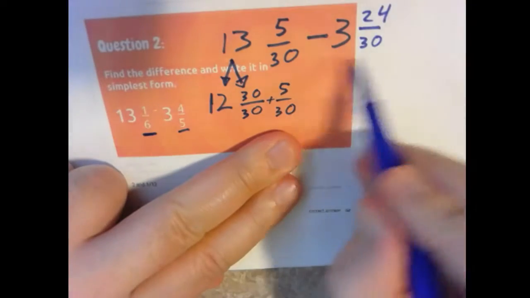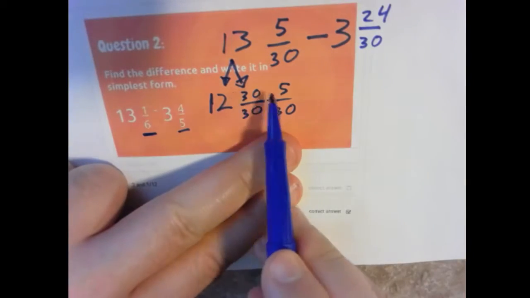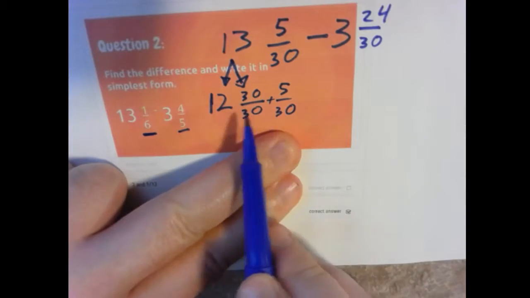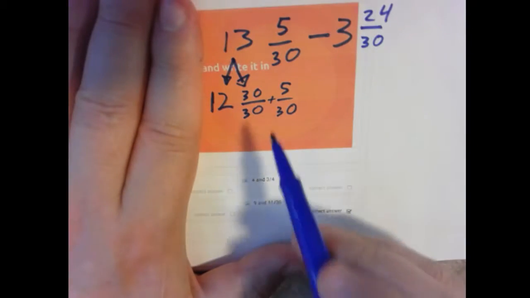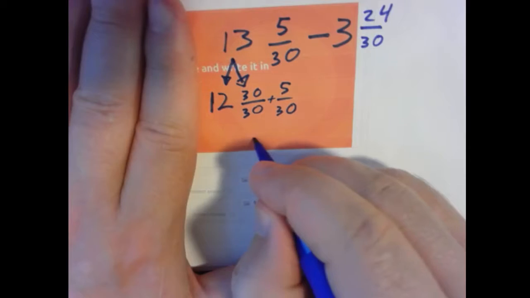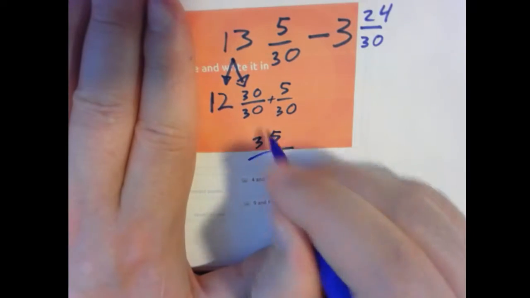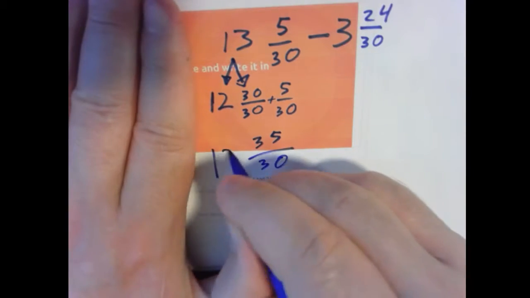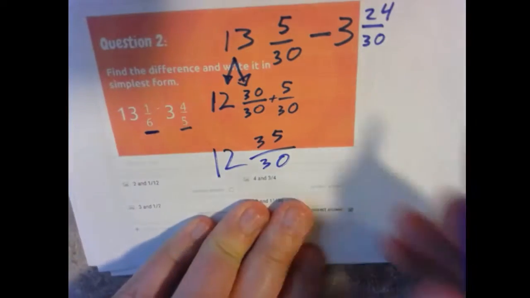Now before I drop this down so it doesn't get too confusing, let's combine these. Okay. So this is all this left side of the problem here currently. But let's put these fractions together. 30 and 5 makes 35 over 30. Remember, there's 12 hot boxes still.